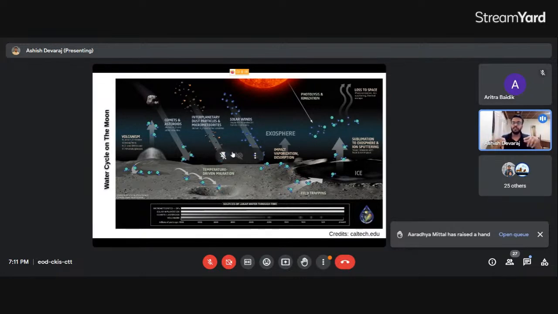Some of these molecules escape, and the other ones, unfortunate water molecules, or fortunate molecules, I would say, go and reach regions where the temperature is not varying too much, where they won't get enough temperature to do this hopping process again.